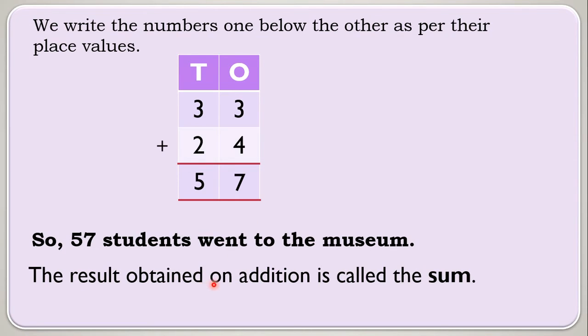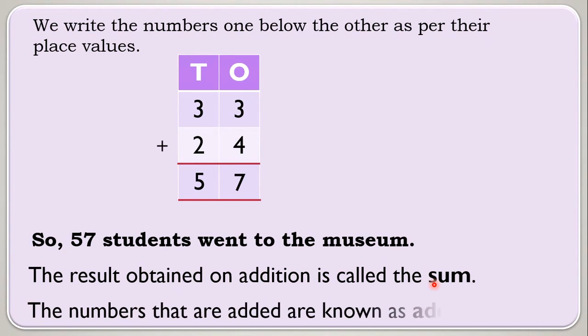The result obtained on addition is called the sum, and the numbers that are added are known as addends. Here in this example, the answer we got, that is 57, is called the sum, or we can say 57 is the sum of 33 and 24.